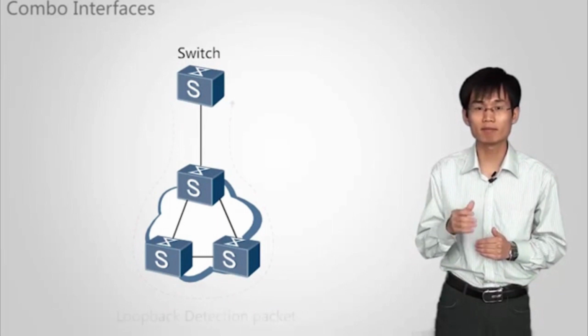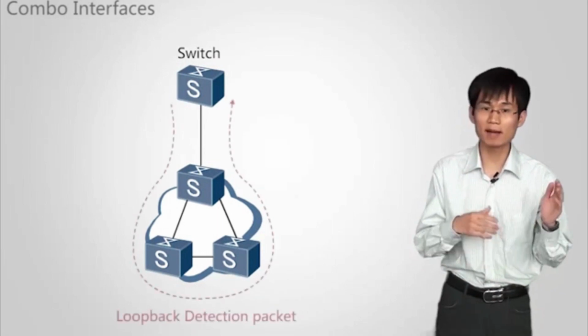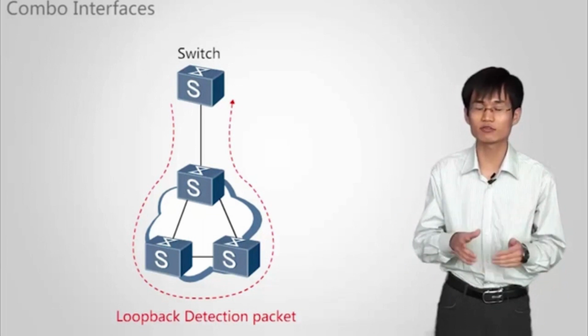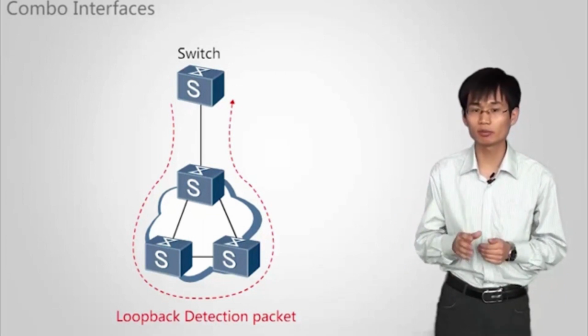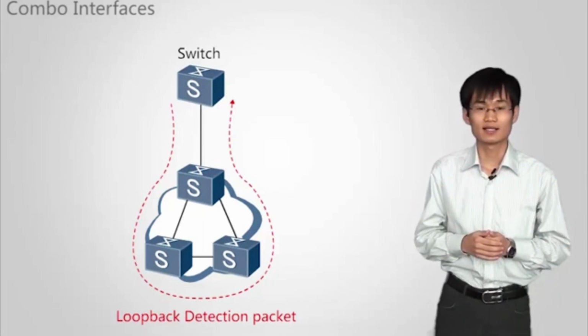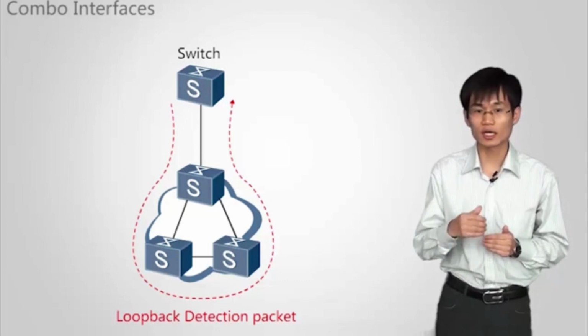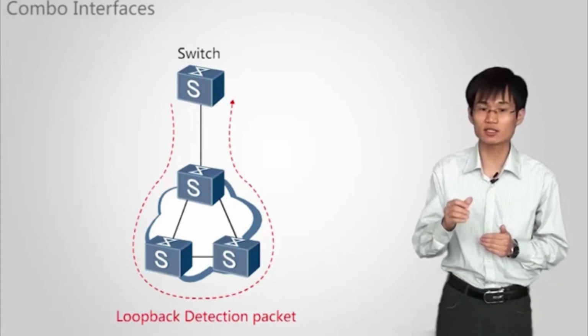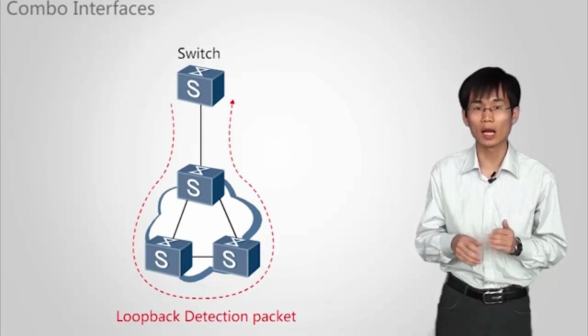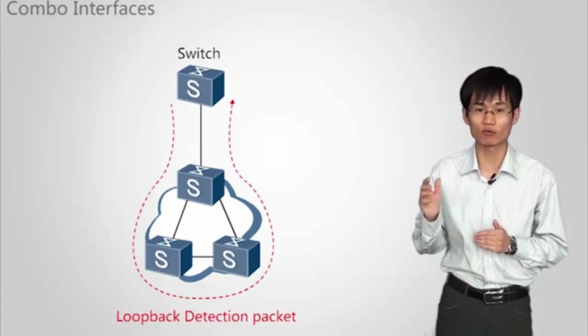If the loopback detection packet is sent back to the interface, it indicates a loopback on the interface. That is, a loop occurs on the network connected to the interface. The interface then switches to the loopback detection state. The interface automatically restores its previous status after 3 detection intervals.